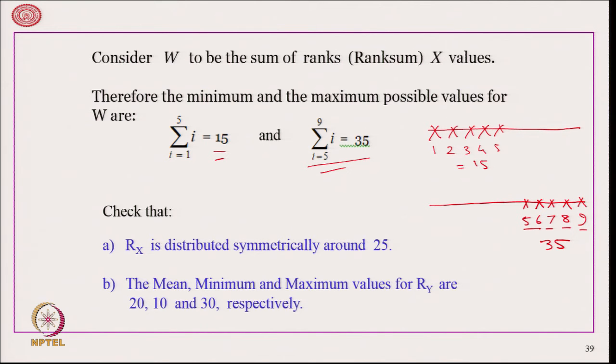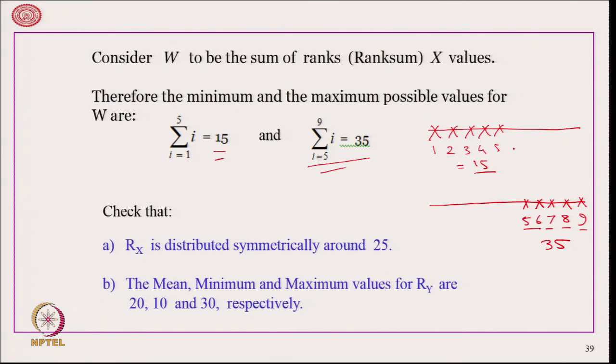Now, this is a distribution because R x can take the value 15 only in this way, but R x can take the value 20 in different ways, because suppose R x takes the values 2nd, 4th, 5th, 6th and 3rd.